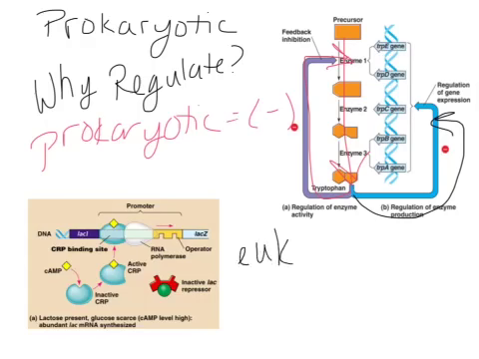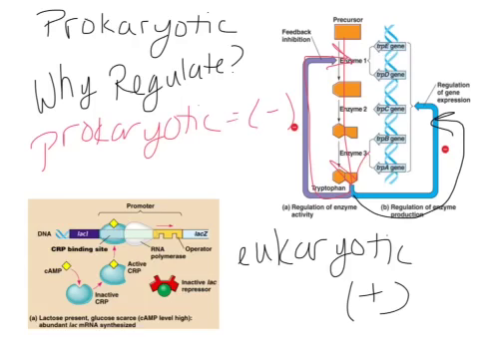Eukaryotic is more of a positive approach, in the sense that the gene is inactive until it gets turned on. Most of your eukaryotic genes are off until they are turned on. That's the positive part, whereas a lot of our prokaryotic genes are on until they are turned off. That's the negative part.